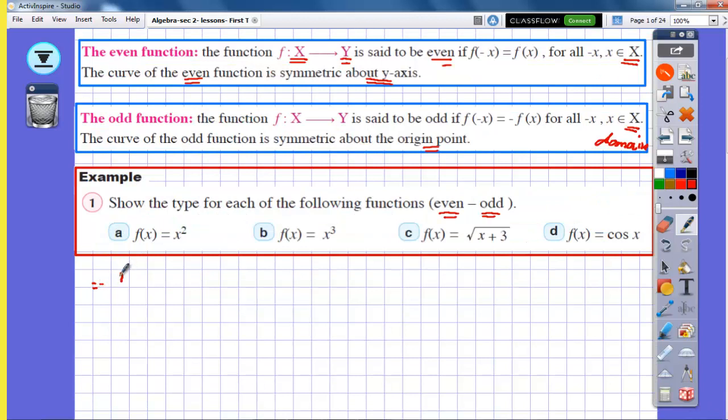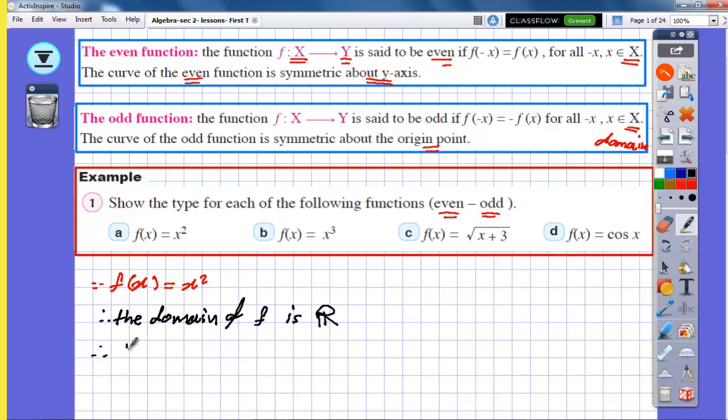Since f of x equals x squared, and here f of x equals x squared is a polynomial, the domain of the function f is R, such that R is the set of real numbers.